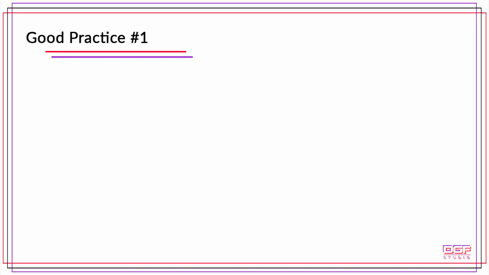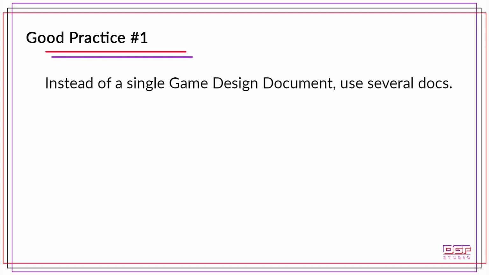Good practice number 1. Instead of a single game design document, use several documents. I've seen GDDs that go for pages and pages, monolithic documents that nobody ever wants to read. But having multiple and organized documents, emphasis on organized, has several advantages for your documentation. It provides more visibility over your work, both for you and your team.